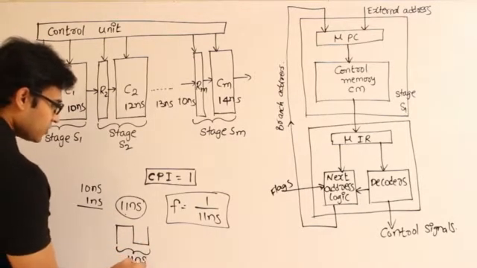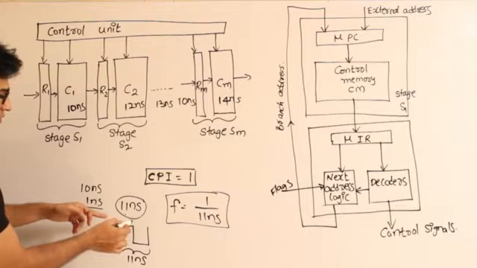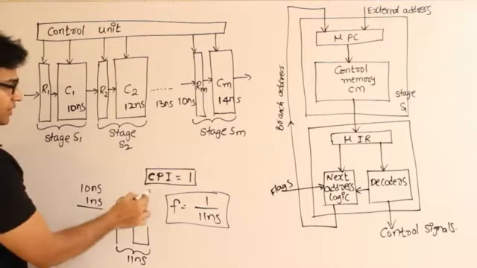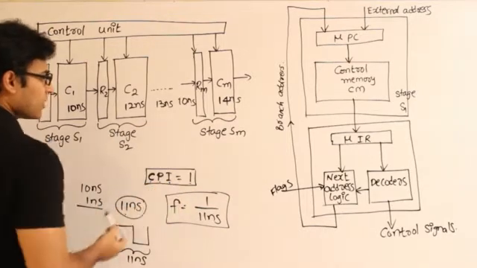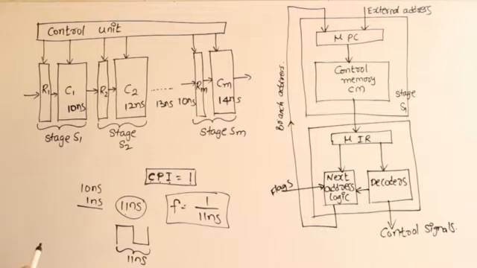So why am I doing this? So that every 11 nanoseconds one instruction will come out, and the clocks per instruction is going to be 1, isn't it? But in case of uneven delays, what should I do?